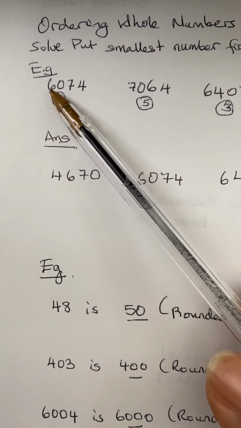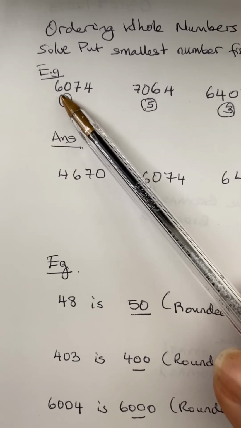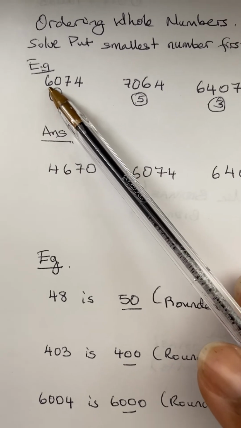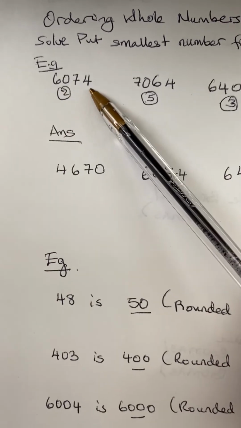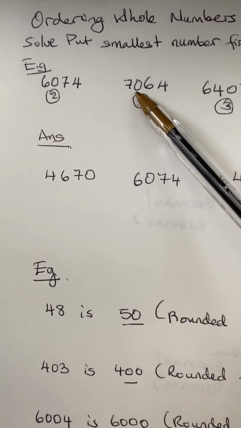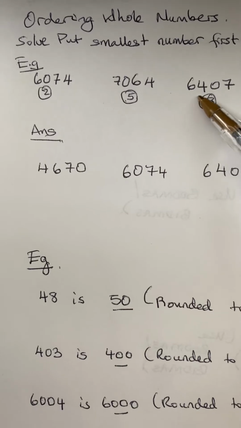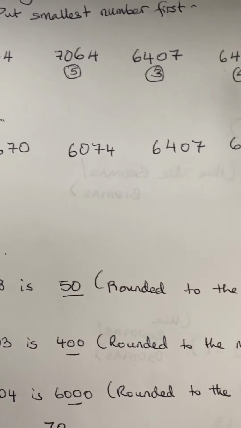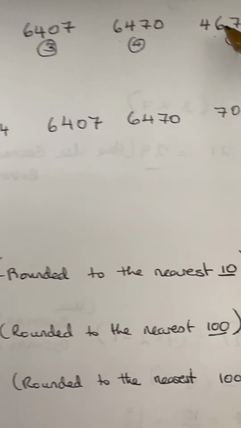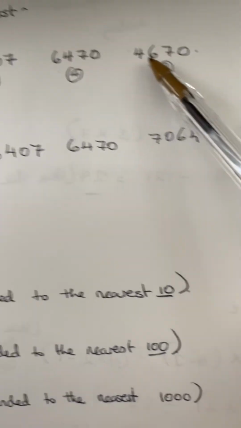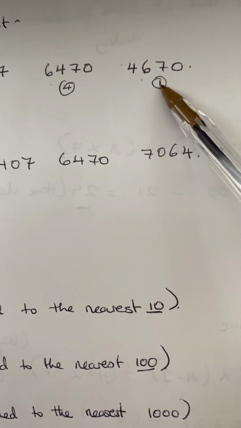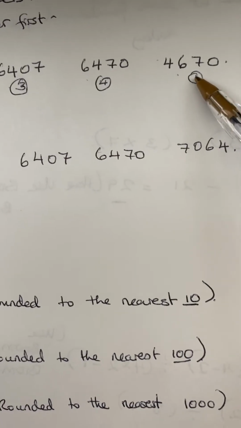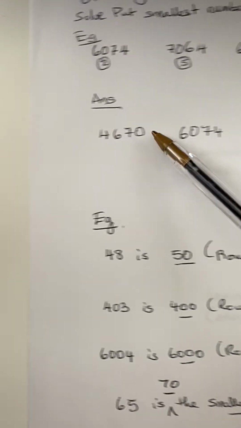If you use place value, the thousands digit here is 6, so that's 6,000. That is 7,000. That is 6,000 again. That is 6,000, and that's 4,000. So clearly, this is the smallest. So you can see I've written 1. So this smallest comes first.